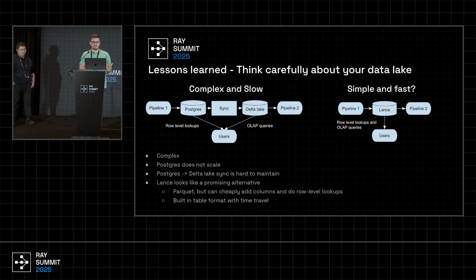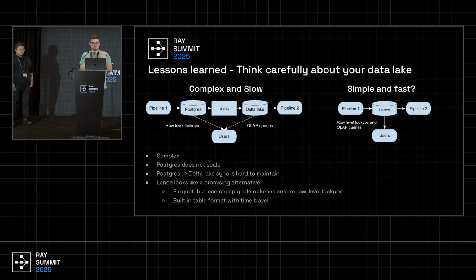And then finally, this is actually a little out of scope for Xenna, but I think it's important to talk about. You should think pretty carefully about how you do your data lake. For us, we just decided that we're going to throw Postgres at it. So when we're storing the results of our pipelines, pipelines write to Postgres, and then that data ends up getting synced to Delta Lake, and then another pipeline will read from Delta Lake.